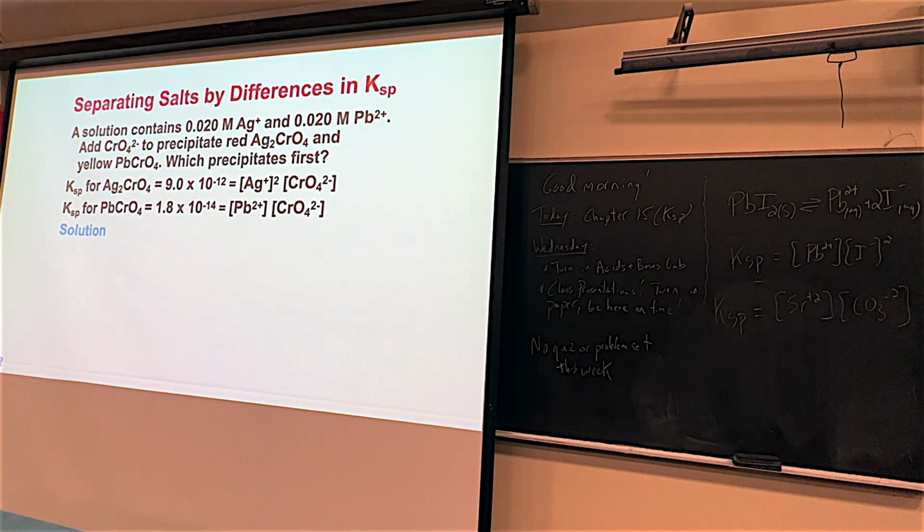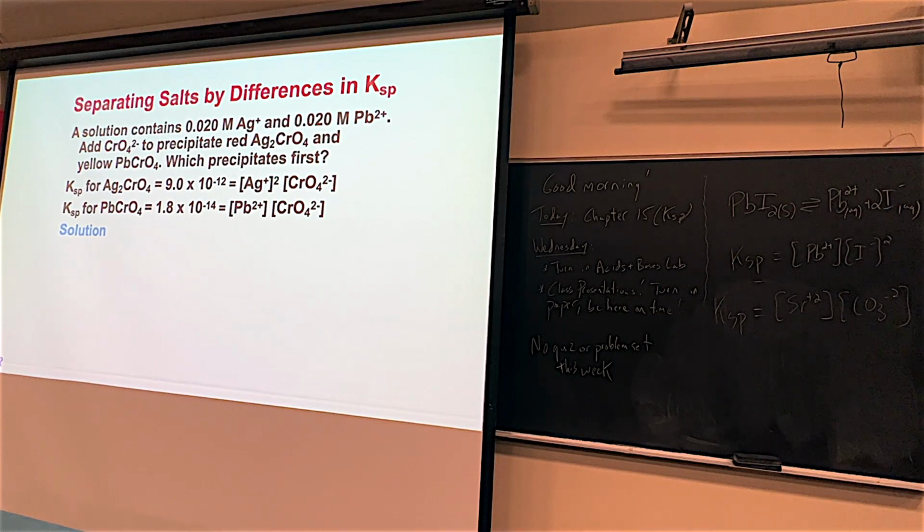Both of these KSPs are less than 1, so that means you're going to make a precipitate both when Ag2CrO4 is put together as well as when lead 2 chromate is put together. However, the numbers are not the same. There's a pretty big difference in their solubilities, and we're going to figure out what the solubilities are.